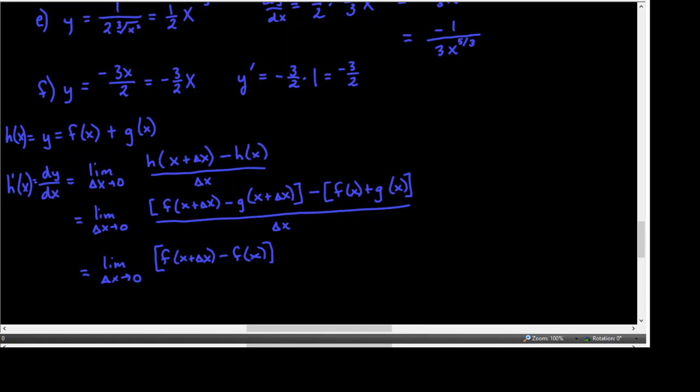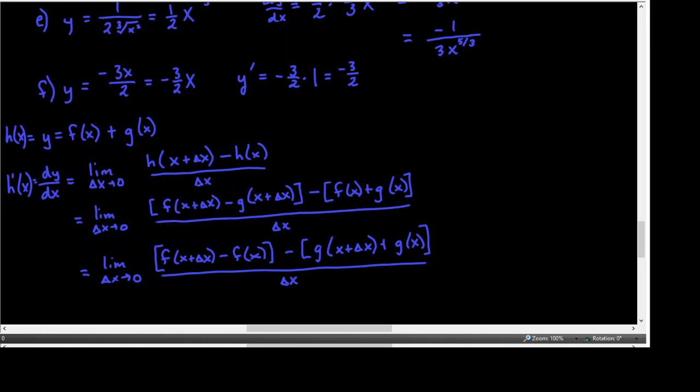Then I'll have minus g of x plus delta x plus g of x. Be very careful there with your signs. Make sure you haven't made any mistakes with that. That's why I paused for a second to make sure I was doing everything correctly.